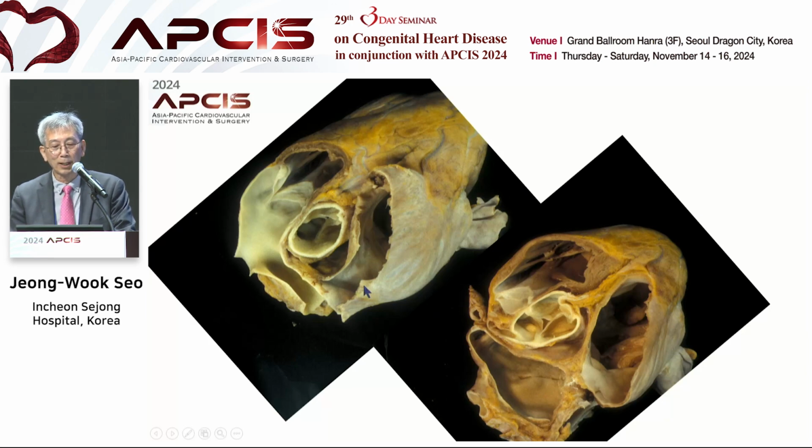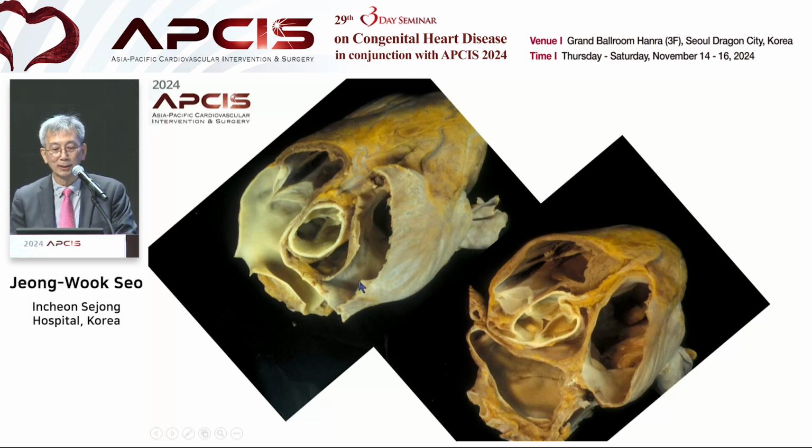For the pathway from the sinus node to the AV node, we understand there are 3 major pathways. We don't see any sheath-covered specialized conduction pathway, but we see the bulk of myocardial tissue produces a kind of electrical preference to go to the internodal pathway.